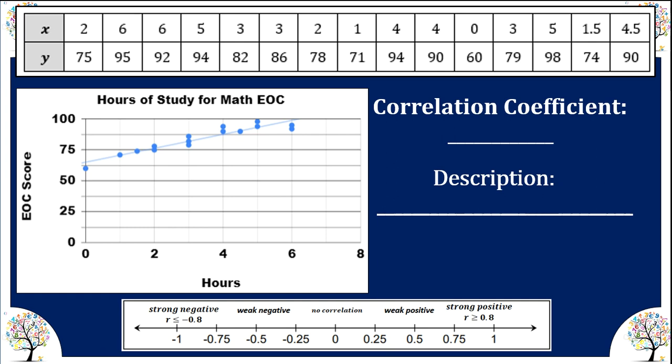Let's look at our example again of the amount of hours we study for our math EOC and the actual EOC score. So you're going to have all this data in your calculator. Again, remember your X values are list 1, your Y values are list 2. All your ordered pairs are lined up correctly in your calculator.